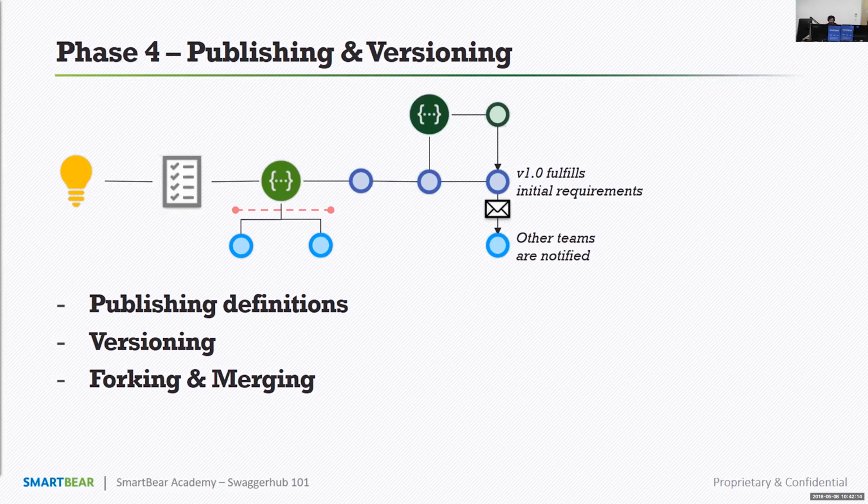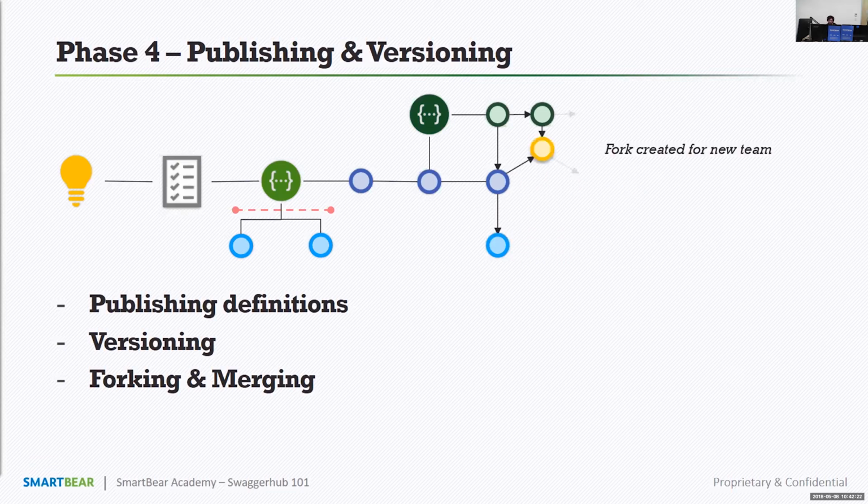Once initial requirements are fulfilled, we want to publish our APIs, and then any additional requirements that come in after the fact, we can create a new version and add upon our original design without having to overwrite all of our work.